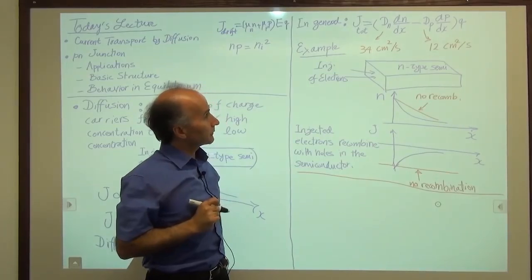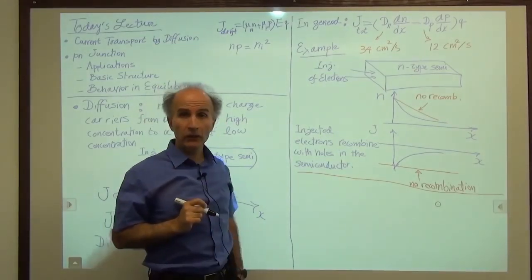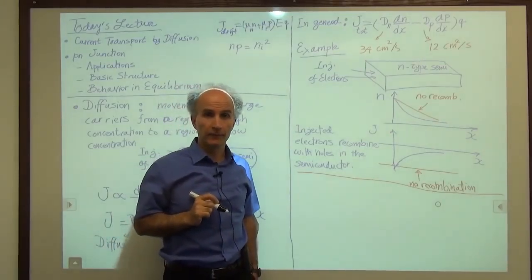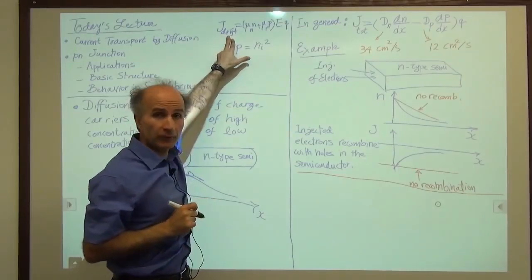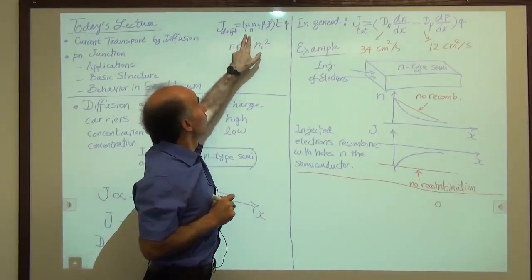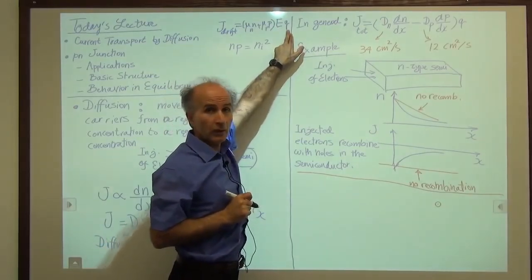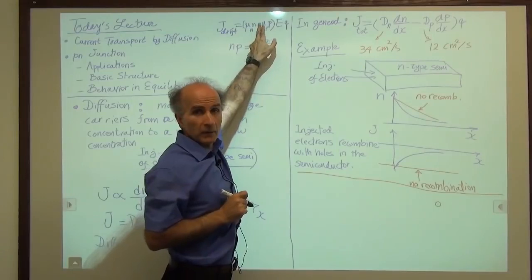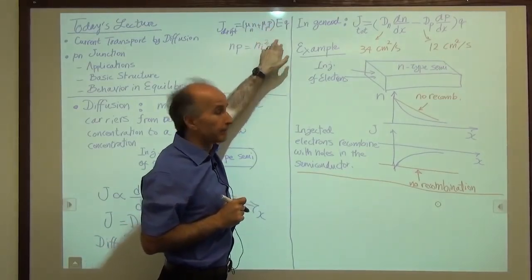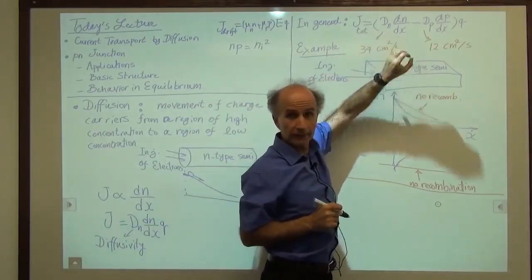Now let's go back to the concept of drift. Remember, for drift, the current is given by the mobility times the electric field times the electron charge times the concentration of electrons, or concentration of holes. So that is a drift current, and that's the diffusion current.